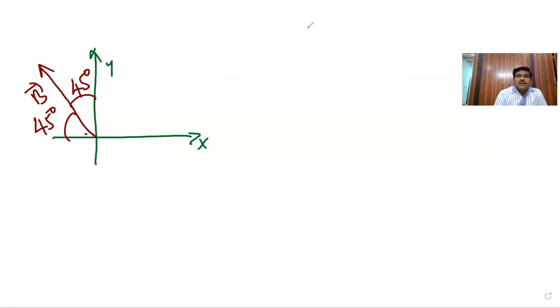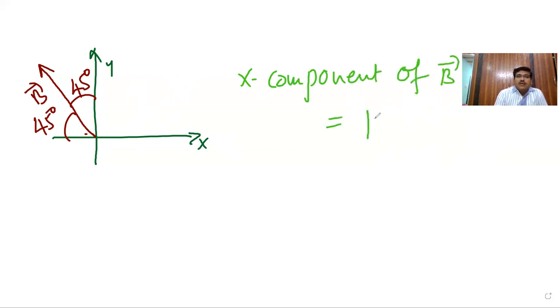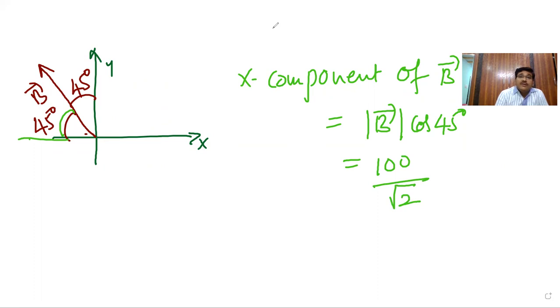The x component, the horizontal component of B bar, is modulus of B bar times cos 45, as it makes 45 degrees with the x-axis. And what is the magnitude of B bar? Again 100. Cos 45 is 1 by root 2. But be careful, its direction is this side.